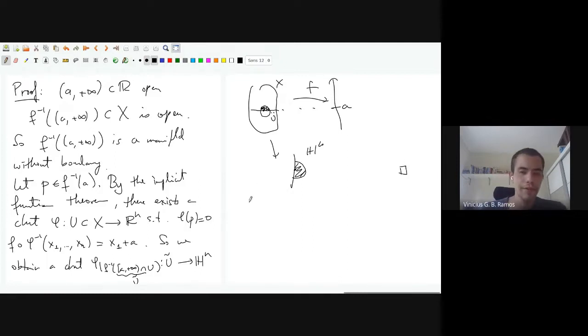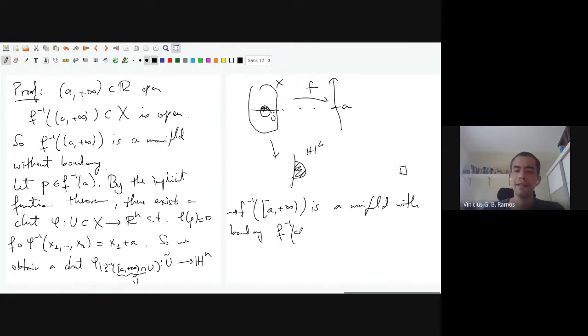So we proved that this guy here is a manifold with boundary given by exactly what lies above A. Okay, let me say that this is the end of the proof.